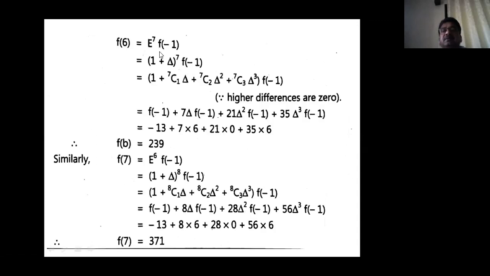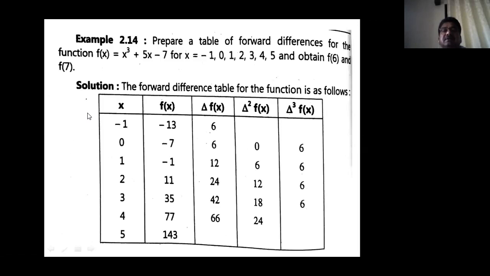If we shift the point -1 to 7 places, then what is the value? Suppose this -1 is shifted 7 places further. The first place is 0, second, third, then the 4th place, 5th place, 6th place, and 7th place is 6.